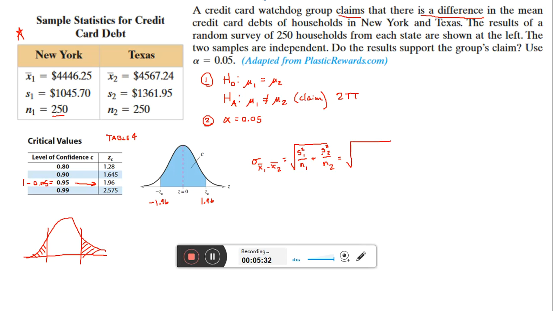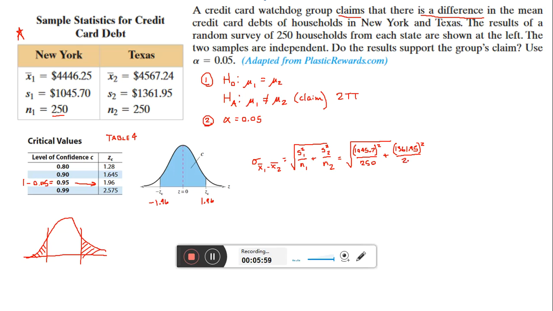All right, so if we go ahead and plug that in, our standard deviation is going to be $1,045.70. I'm going to just go ahead and cut off the 0 on the 70 cents, square that, divide that by 250. Okay? And I'm going to add that to our $1,361.95.